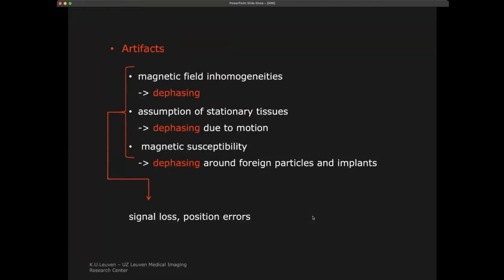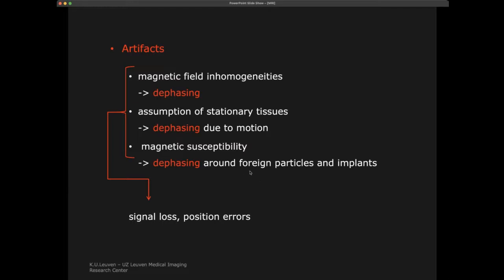Artifacts, there are a lot of artifacts. As we said before, there are magnetic field inhomogeneities that cause dephasing. We assume that we mostly look at stationary tissue unless we specifically want to look at moving tissue. So of course, when the patient is moving, or even when the heart is beating, we get motion that we don't want.